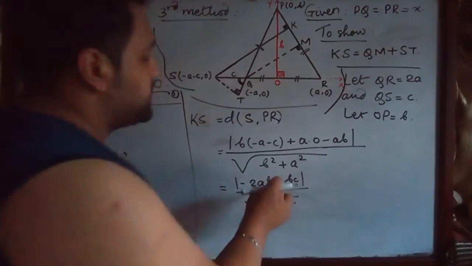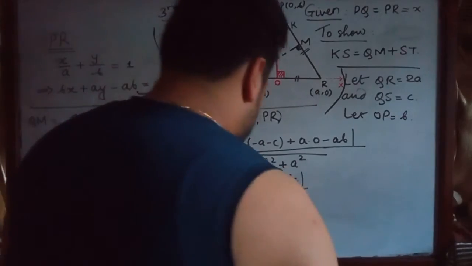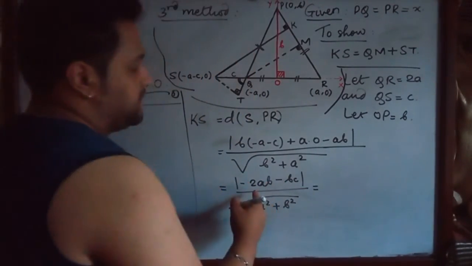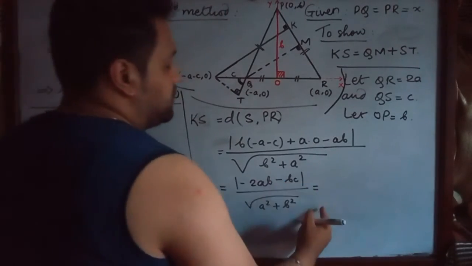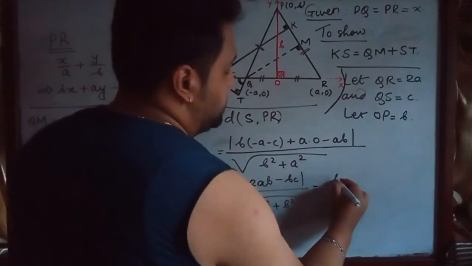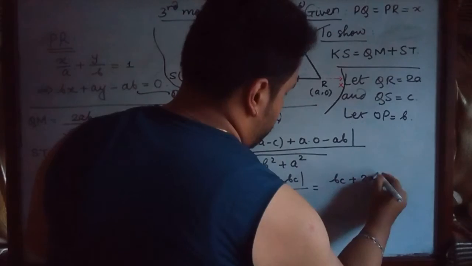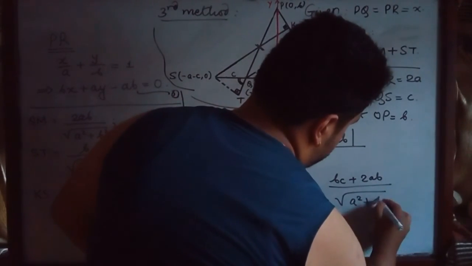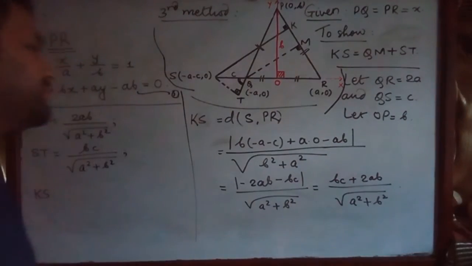And since the quantity inside is negative, the absolute value will be bc plus twice ab over the square root of a squared plus b squared.